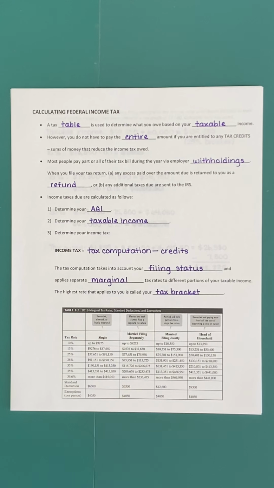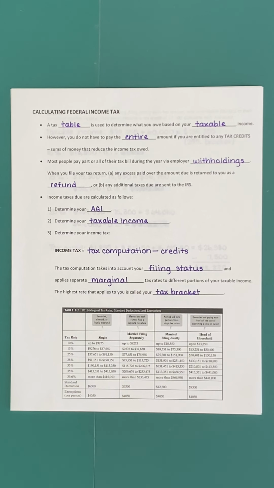You may not have to pay the entire tax bill if you have what's called a tax credit. So a tax credit is going to be the very last amount that can be subtracted. Once you calculate how much is owed in taxes, a tax credit can then reduce that amount. So it would be subtracted at the very end after we use the tax table and after we calculate the actual income tax owed.